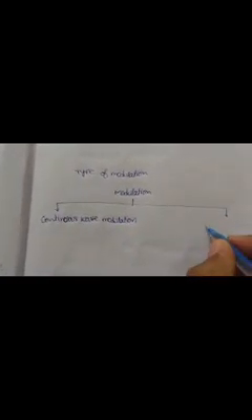Now let us see the types of modulation. Types of modulation. First one is continuous wave modulation, and second one is pulse modulation.